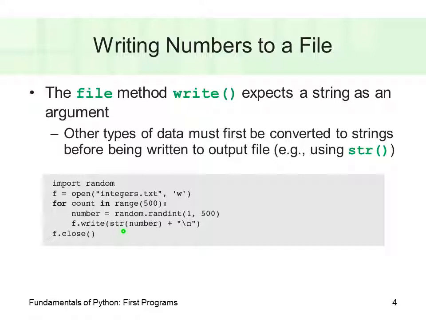But it's very important that you divide it up somehow, because if we didn't have this new line character, the next random number written to the file would be put exactly after the first number, and you wouldn't be able to tell where one number ended and the other began. So you have to put some kind of space, whether it's a new line character or a set of spaces or tabs or whatever, so that you can delineate the data in the file. And in this case, we're just doing the simple thing, one piece of data per line of file.